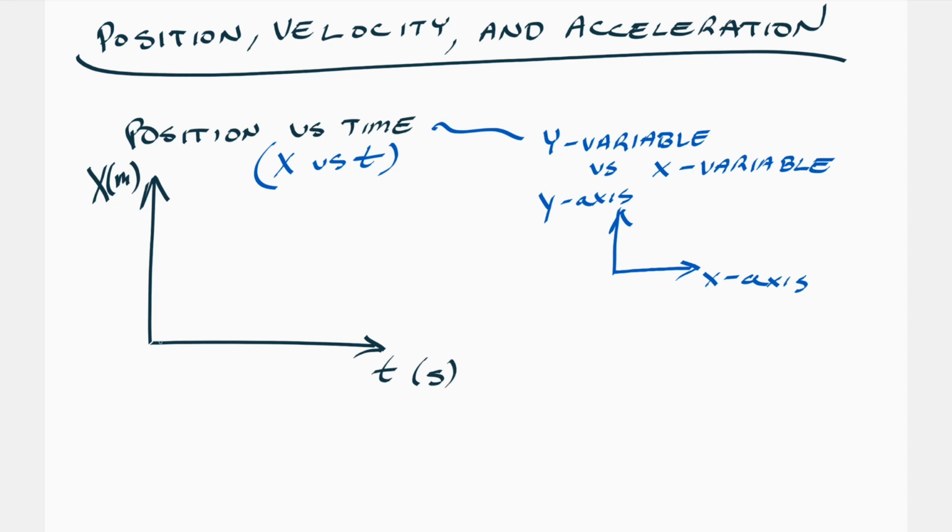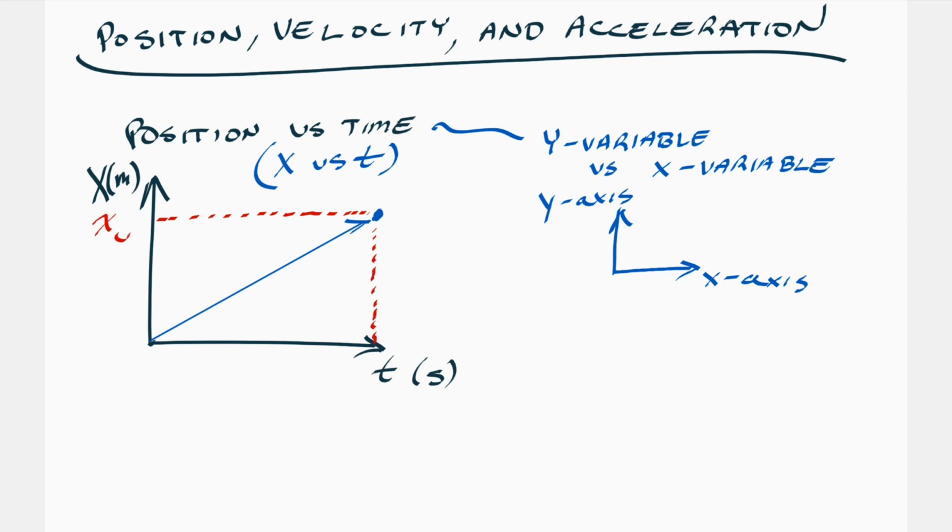This doesn't have any negative values. I could extend the axis down here and out here. I'm not going to right now, and mostly that's because we don't have negative times in physics. You can, but generally we measure time from t equals 0. You don't have to, but it's generally how we do it. So let's just say we have a straight line, and we can figure out which time and which position those are.